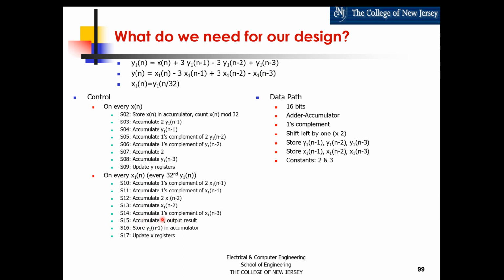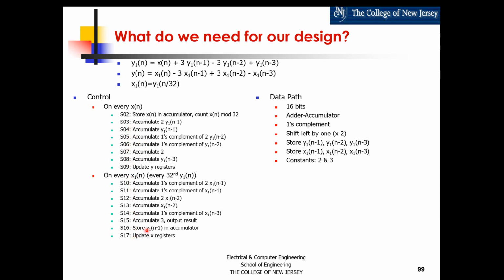So that adding of the 3 takes care of the 2's complement for these 2 additions that I did, and this one, making them effectively negative. And I store it, and I update the registers. So that's my control. That's an explanation, state by state, from a state machine perspective, of what I have to do.